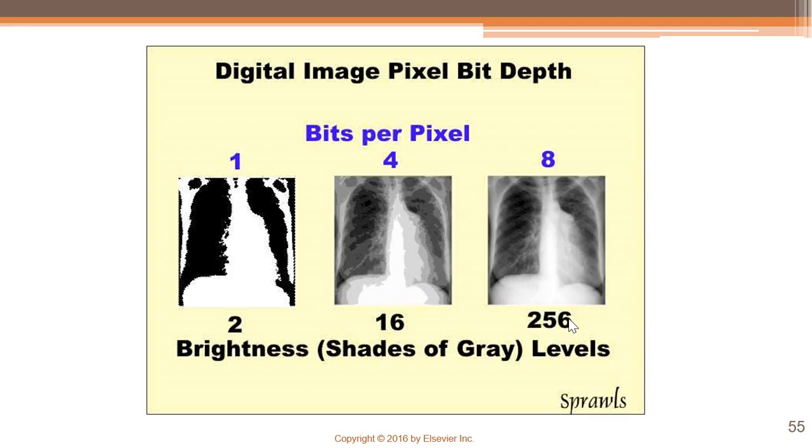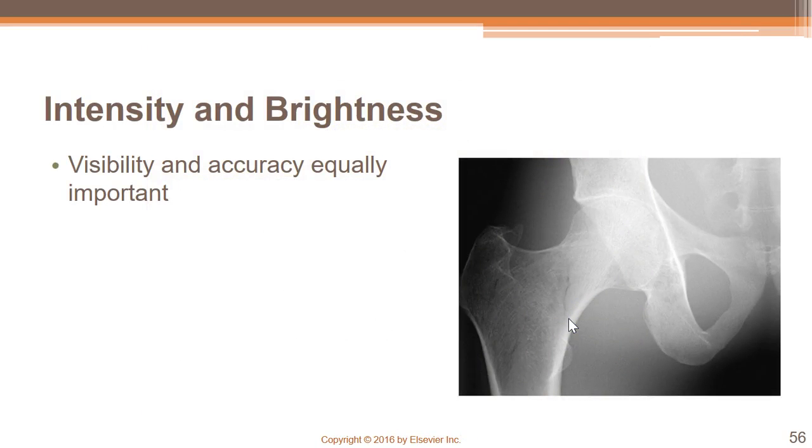Now let's go on to intensity. Visibility and accuracy of the anatomic structural lines recorded are equally important. However, you need to know that intensity does not control the amount of brightness produced on the digital image.